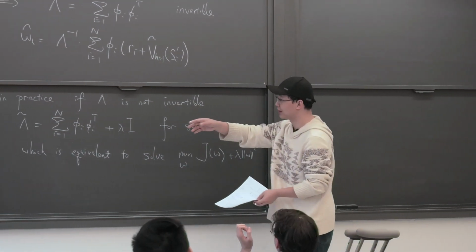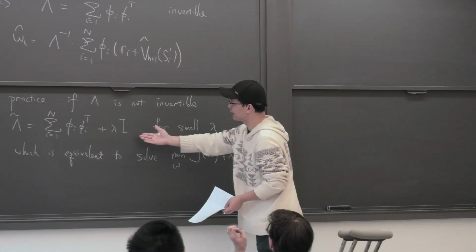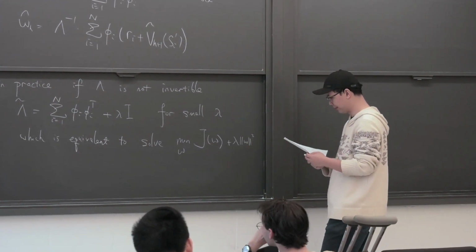Originally J(w) is the least square, the square loss. And if we add in a little bit of lambda I here, this just becomes a regularized problem.